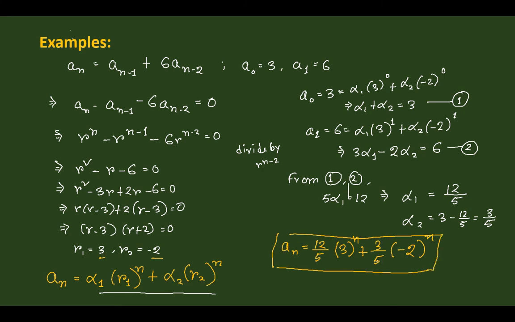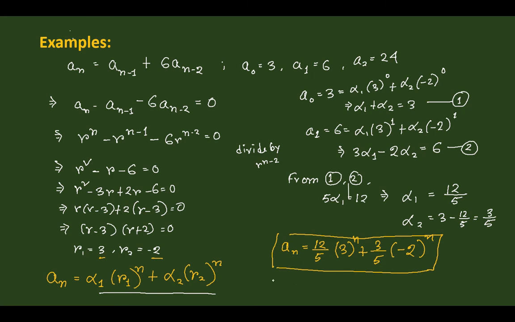Now let's verify whether this solution is right or wrong. Here the value of a0 is 3, the value of a1 is 6, and we know the value of a2 would be 6 plus 3 into 6, that is 6 plus 18, which is 24. If you can remember, we have shown that before. So a2 is 24. Let's put this in this equation where n equal to 2.